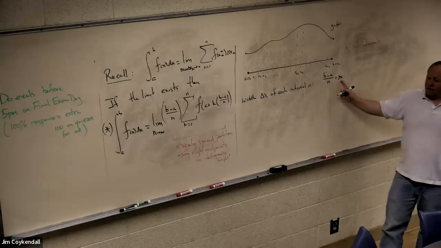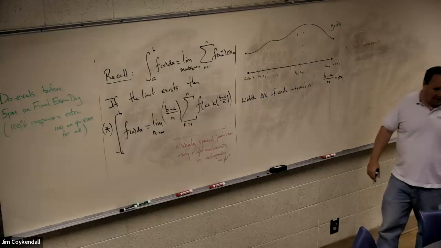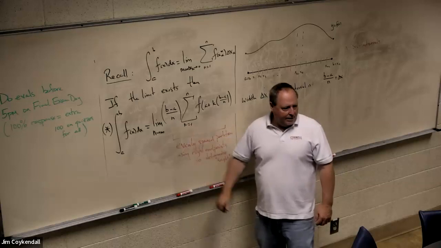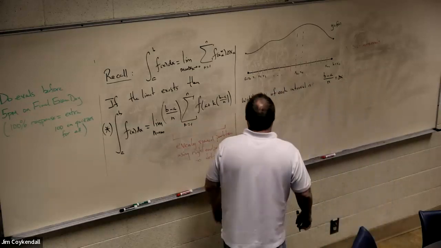So my delta x is the same for all of them, it doesn't vary. It's the same for all of them, and it's (b minus a) over n. Do I agree with that? Let's remember that (b minus a) over n. It's coming up.